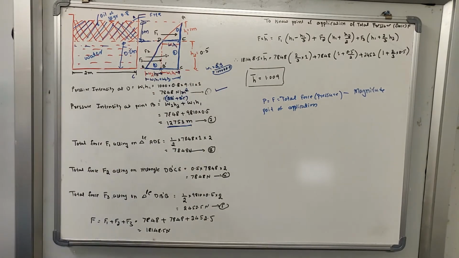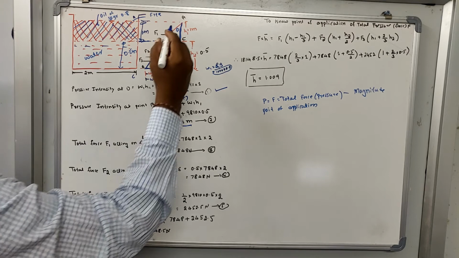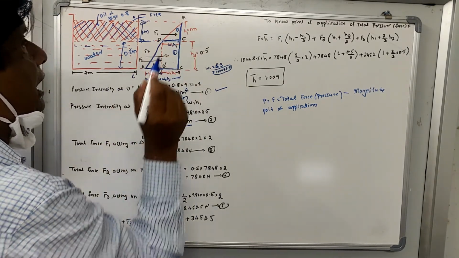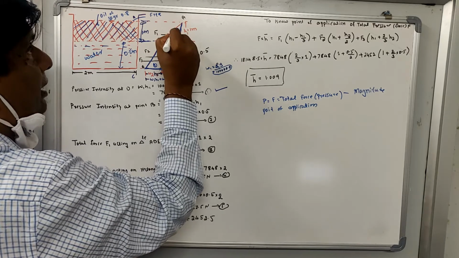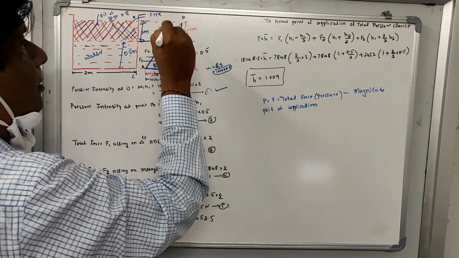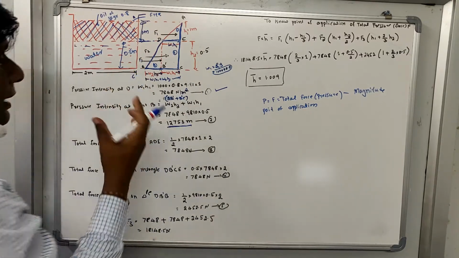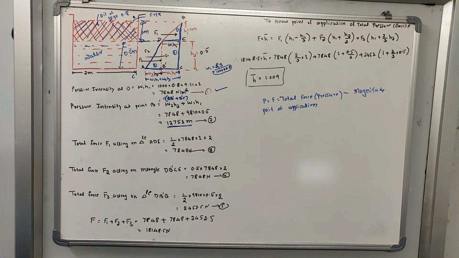Okay, now the total force acting on this triangle ADE is equal to the area of this triangle multiplied by the width of the tank. That gives you the volume, multiplied by the unit weight of the fluid.